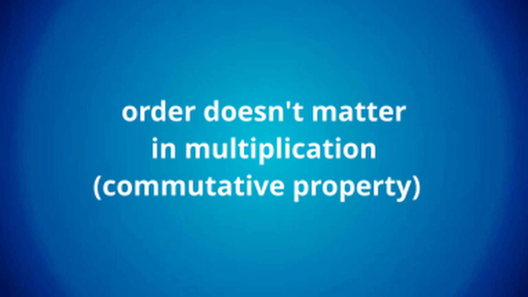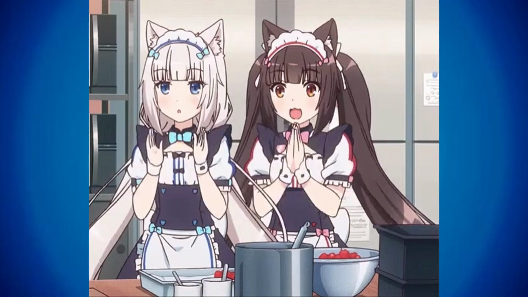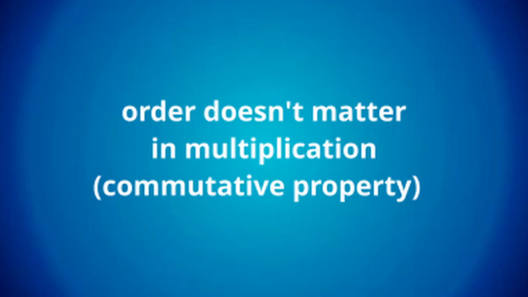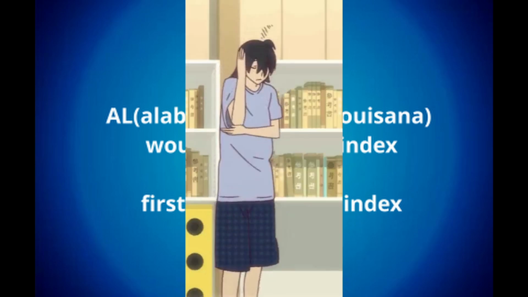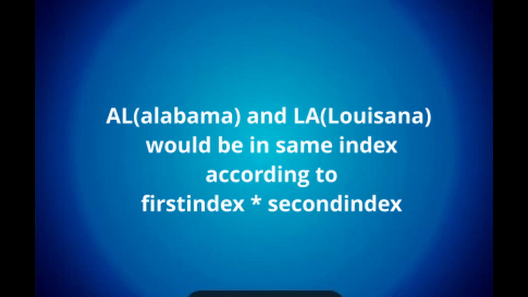Say 3 was the index for the first letter and 4 was the index for the second letter. You multiply that, you get 12. But if it was 4 times 3, then that's also 12, because order doesn't matter when you're just multiplying two numbers. So then AL, which is Alabama, would get the same index as LA, which is Louisiana.